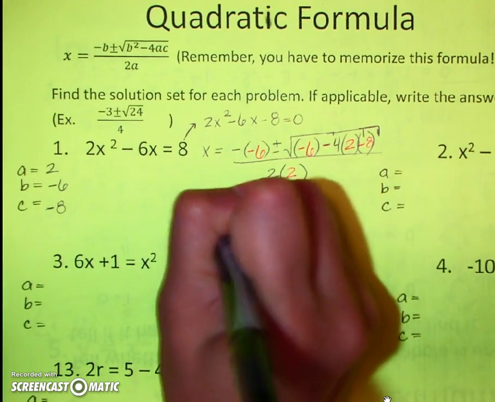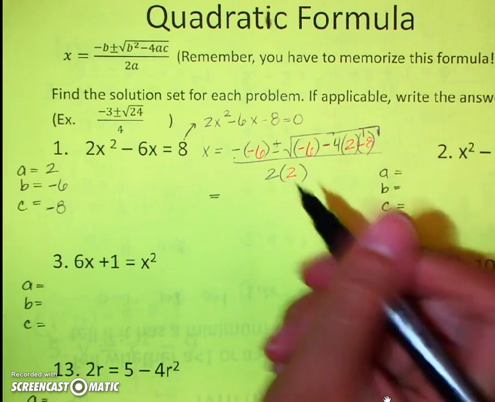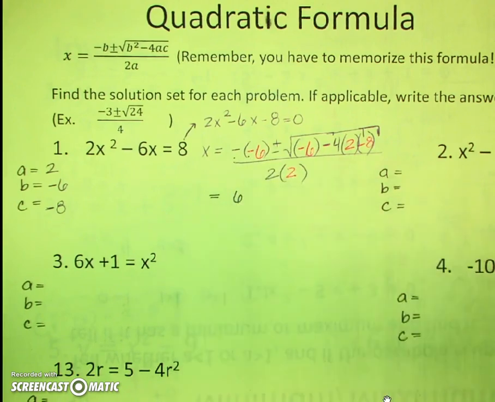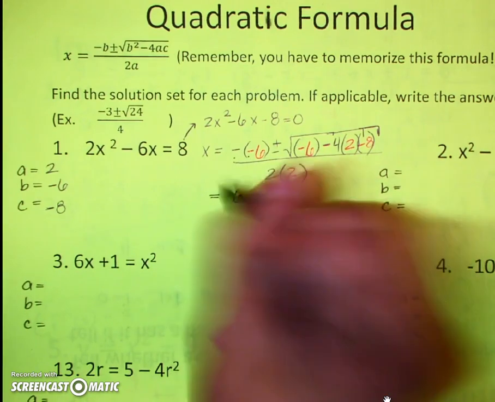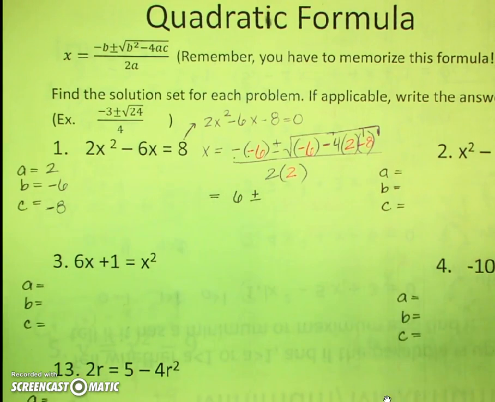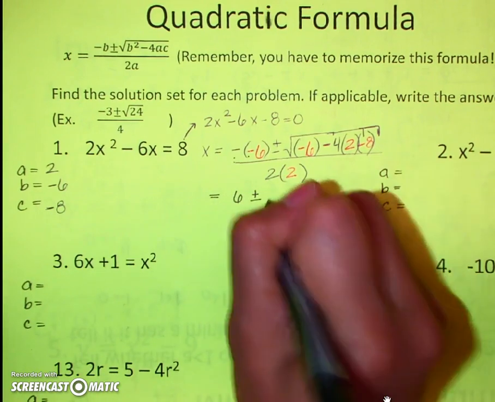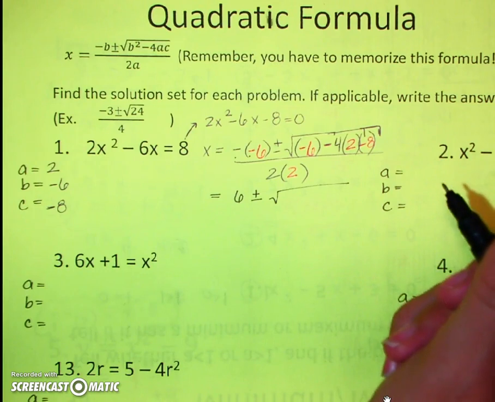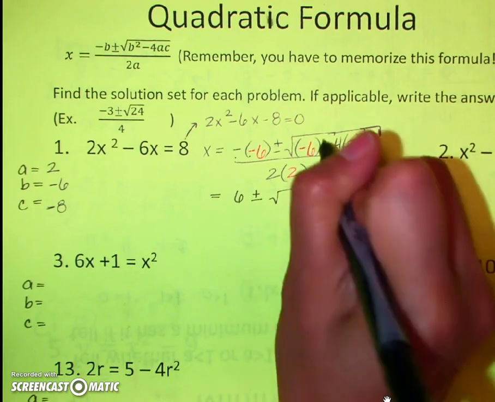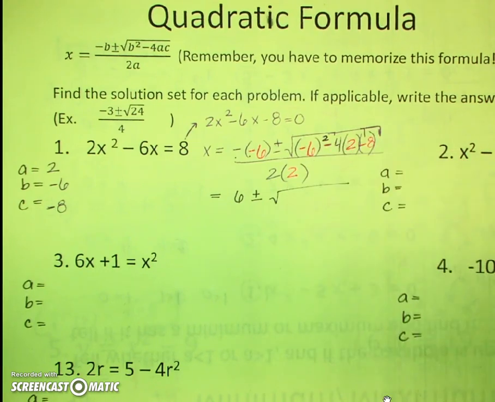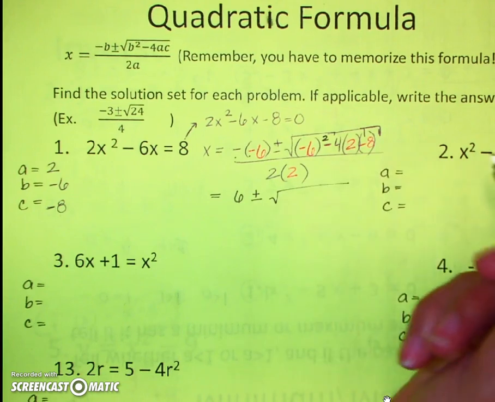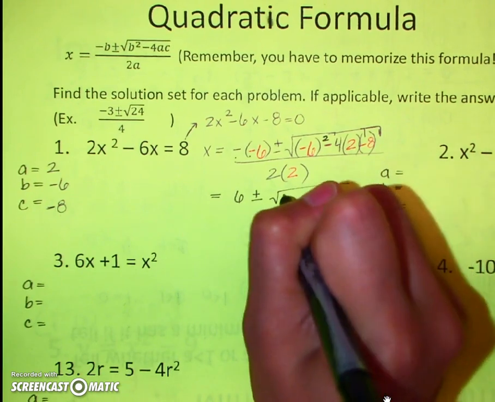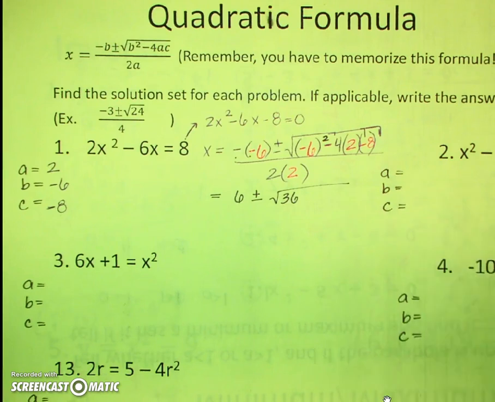A negative times a negative turns into a positive, so the opposite of b is going to be +6, since it was -6, plus or minus the square root of... I just saw that I forgot the squared. Super important. What's -6 squared? -6 times -6 is +36.